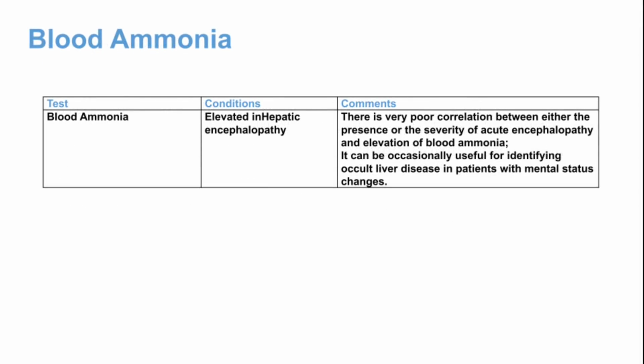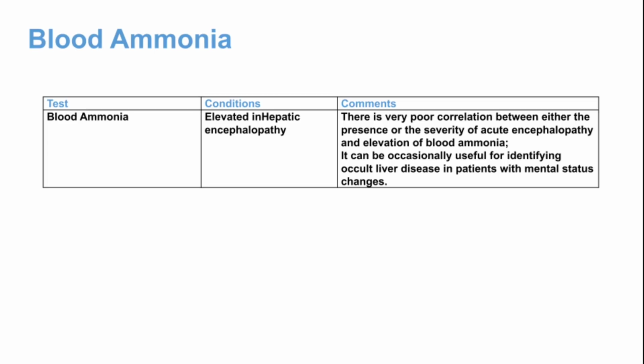Now, the next one is blood ammonia. We know that whenever there is liver disease and hepatic encephalopathy, ammonia is elevated. But remember, ammonia levels will not correlate with the severity of hepatic encephalopathy. There is a poor correlation between either the presence or severity of acute encephalopathy and elevation of blood ammonia. It can be occasionally useful for identifying occult liver disease in patients with mental status changes.